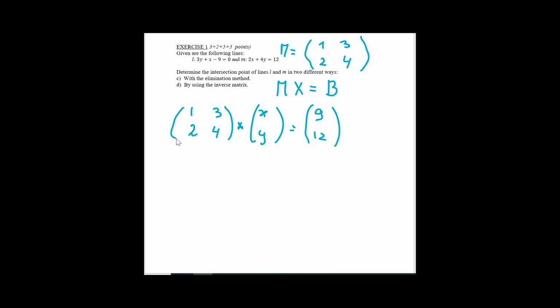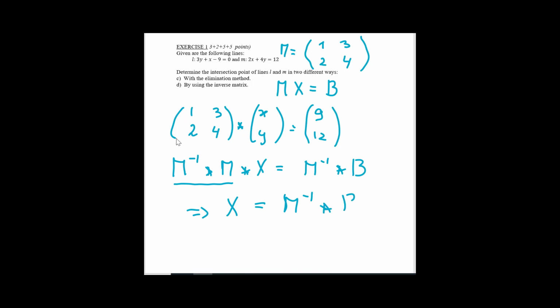Okay, if we remember, then M times X being B, if we would multiply this with the inverse matrix on both sides, then the first part here would disappear. So that would give us X being M minus 1 times B. So if we can find the inverse matrix, then the only thing we need to do is multiply it with the result vector here of 9, 12, and then we would get the intersection point as well.